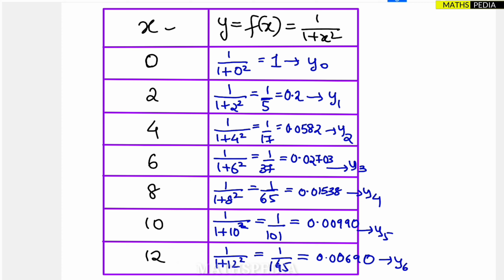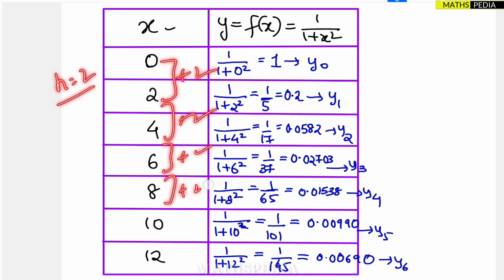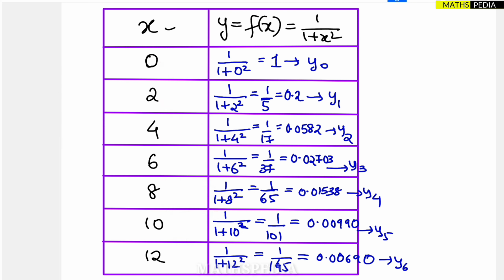I go from lower limit to upper limit by taking the h value, 2, as the step. So I add plus 2 each time, plus 2, plus 2, and you arrive at the next step, and finally at the upper limit.